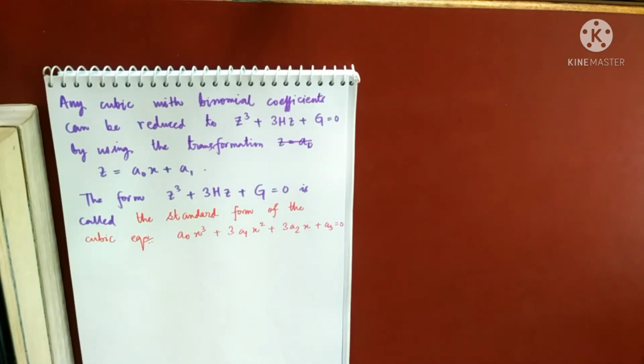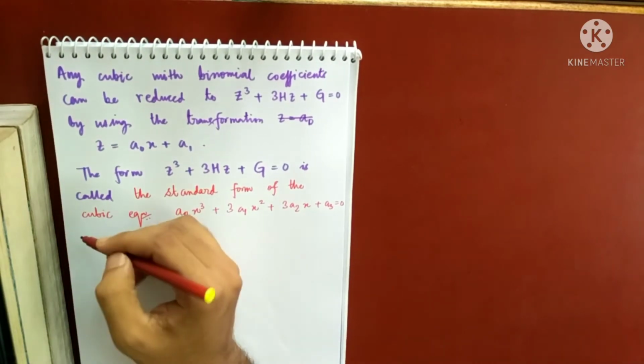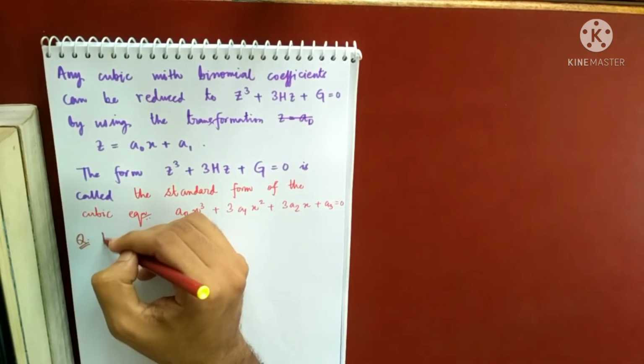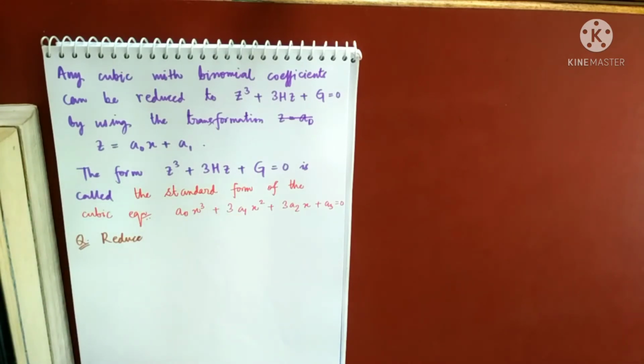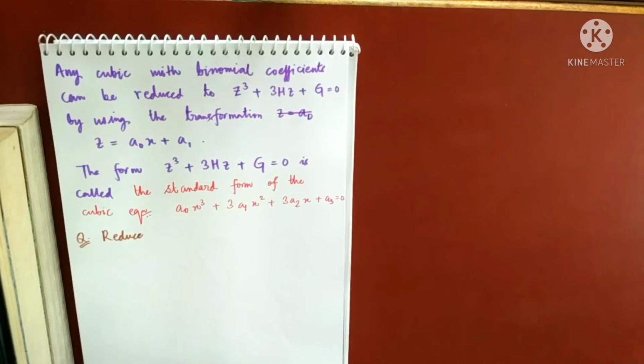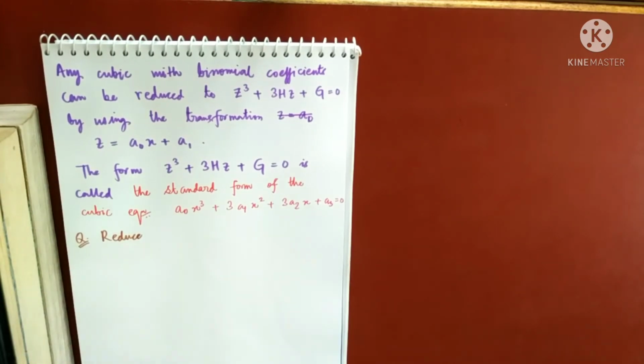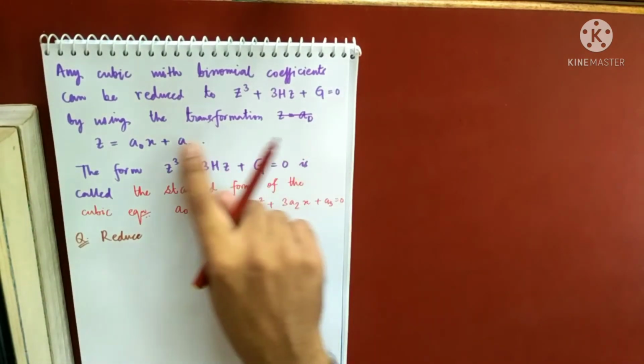Let me give you an example of reducing a cubic to standard form. Understand my point: whenever you have to solve a cubic, you first reduce it to standard form.